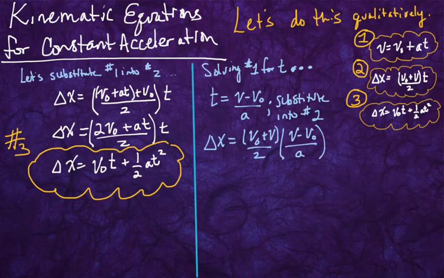Now, you guys, being smart algebra students or calculus students, something should be blaring its horn at you right now. Difference of squares. Yay! v naught plus v, v minus v naught. If we flip these two, it looks better, but it is difference of squares.